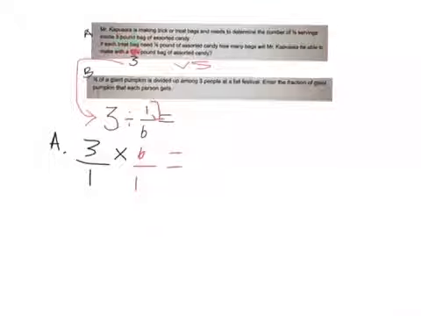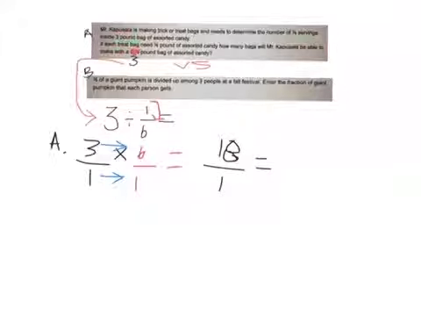The division sign turns into a multiplication sign, and then we've got to make sure that we flip the fraction on the right so that it becomes 6 over 1, okay? Then you just do your multiplication straight across, and you get 18 over 1, which is equal to 18 divided by 1, which is equal to 18. Okay?